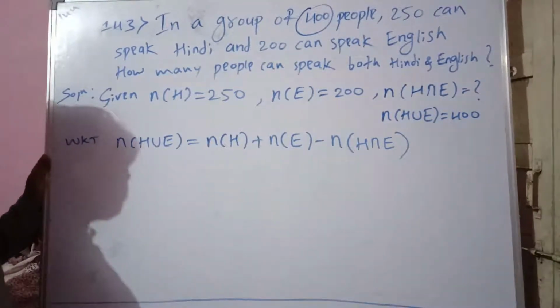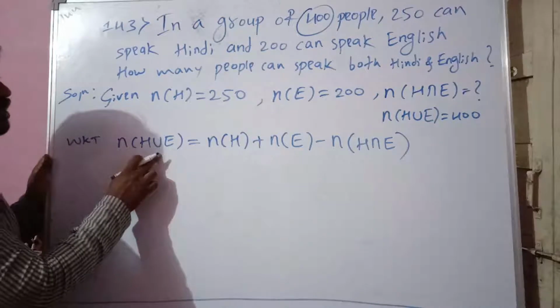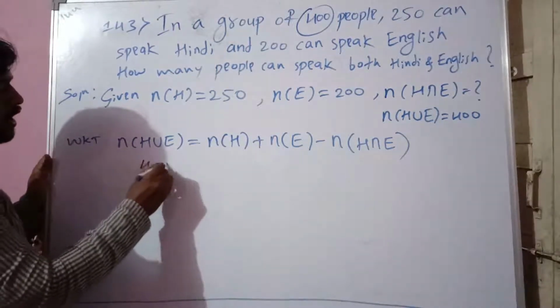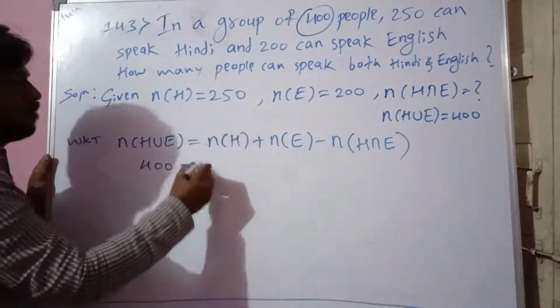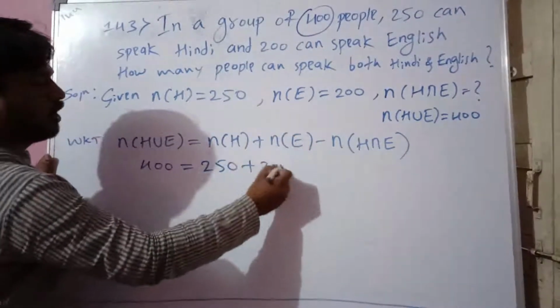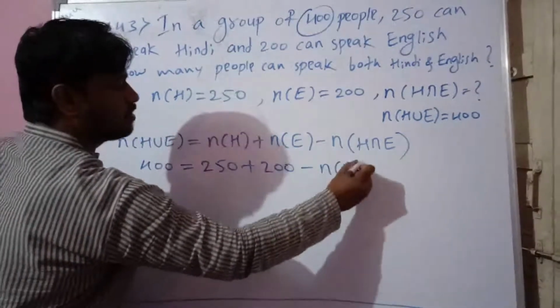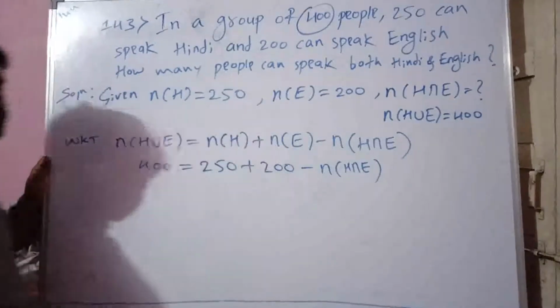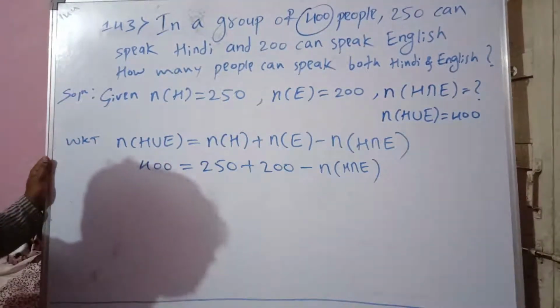So in this formula you put the given data. n of h union e is 400, n of h is 250, n of e is 200 minus n of h intersection e. Keep as it is because we want to find n of h intersection e.